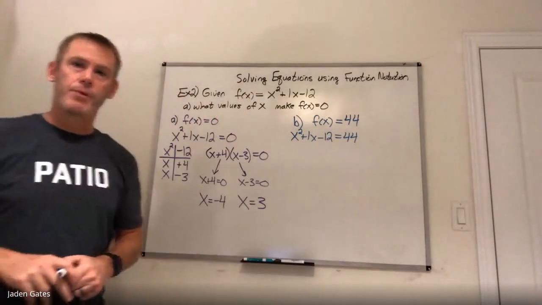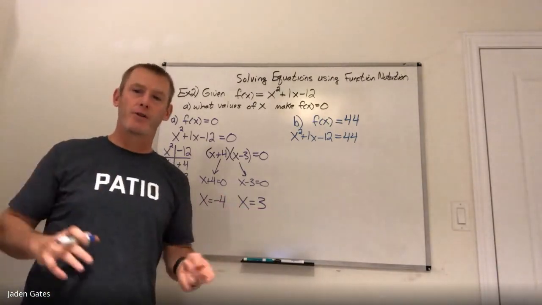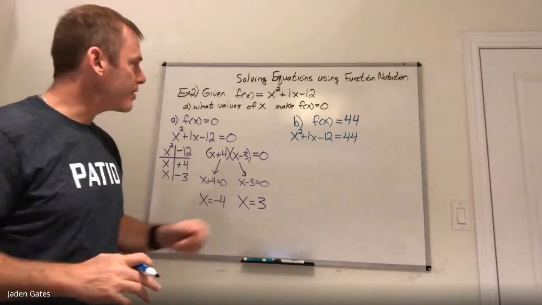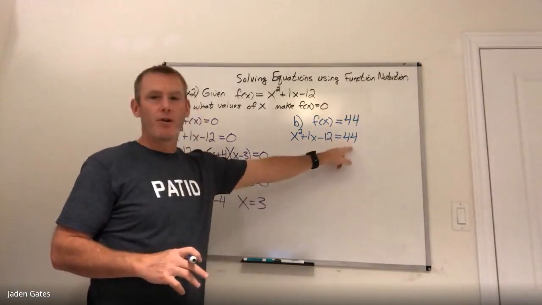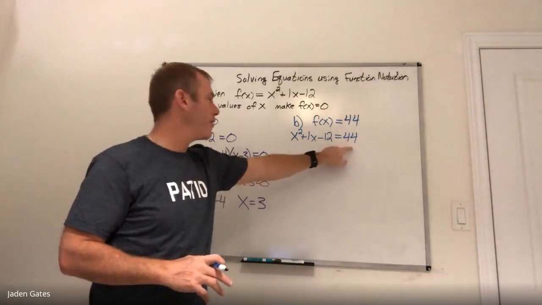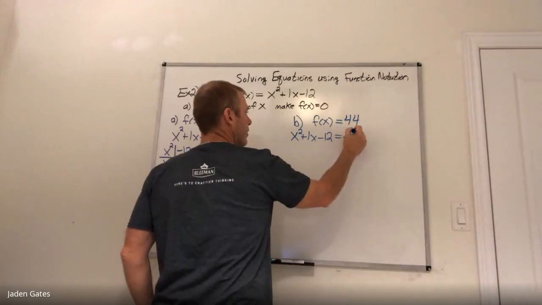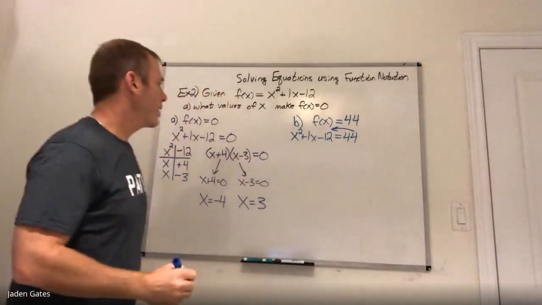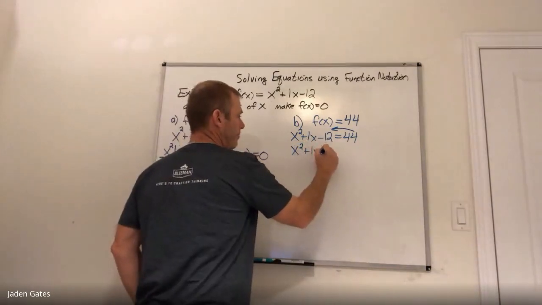And once again, because I'm dealing with this f of x equation, it's a quadratic. So I'm going to have to factor it, but I cannot do it yet. You can't solve a quadratic equation in standard form unless you have a 0 on one side of the equation. You've got to have a 0. So I'm going to move that 44 over first. So I have x squared plus 1x minus 12.